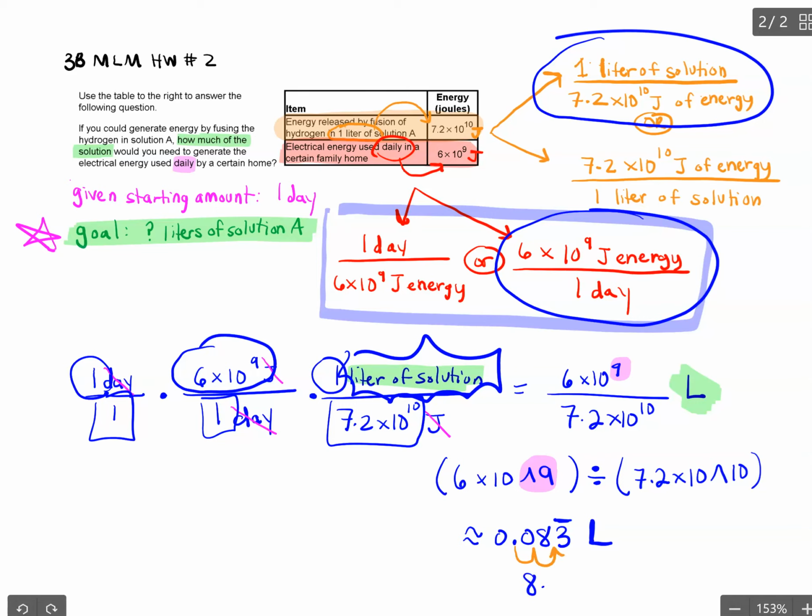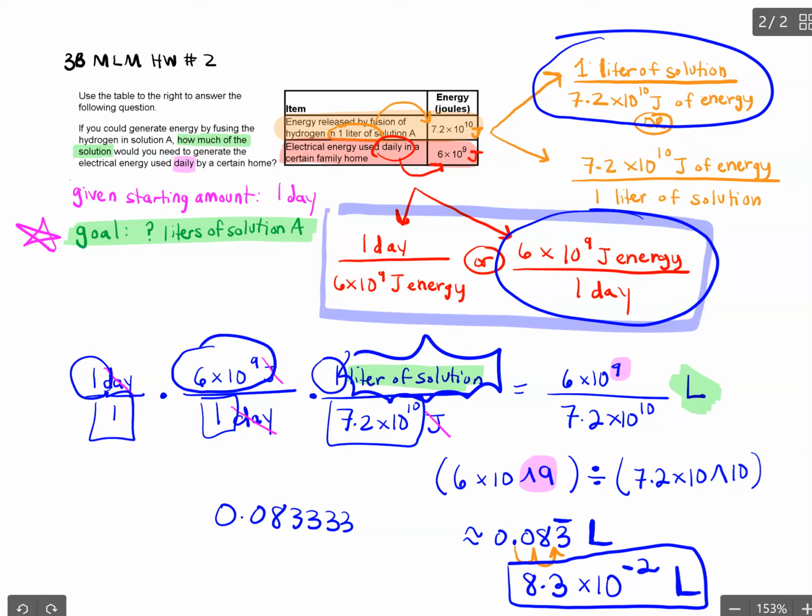So I'm going to end up with 8.3 times 10 to the what? Well, I know I had to push my decimal by 2 place values. And since the original number, 0.0833333, is less than 1, it's originally a small number, that exponent's going to be a -2. And then don't forget my units right there. So in MyMathLab, I would enter that answer in scientific notation. On a test, you could leave it just in that decimal form.